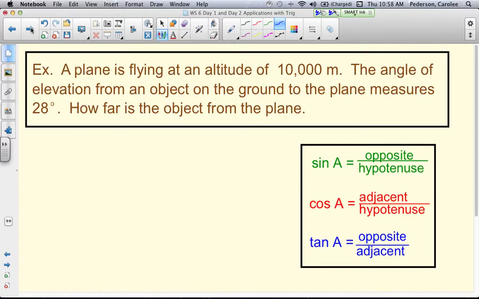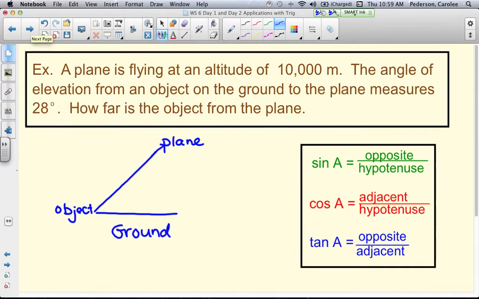So we have a plane up here in the sky, and then there's an object down here. And this object with the plane has an angle of elevation. And then this is the ground that goes horizontal. So our angle of elevation is 28 degrees.